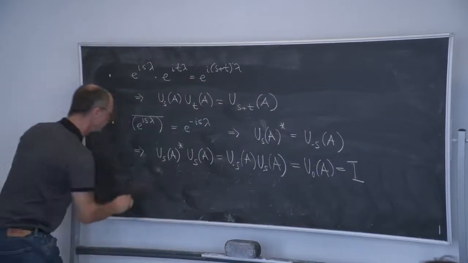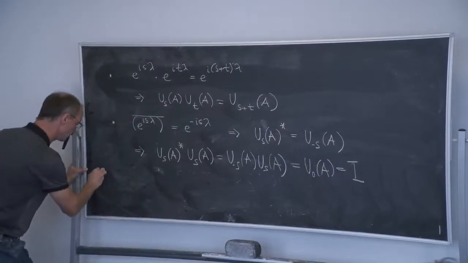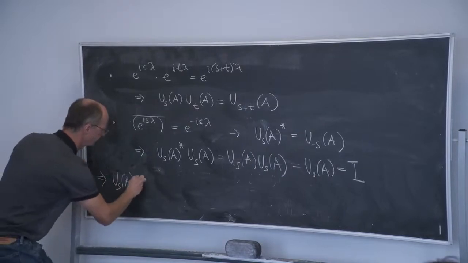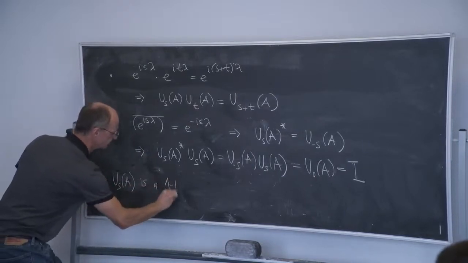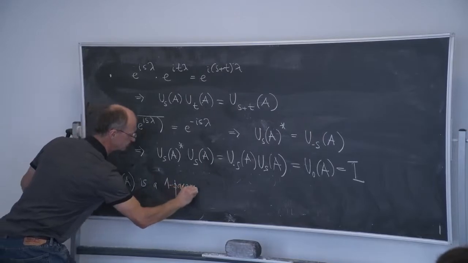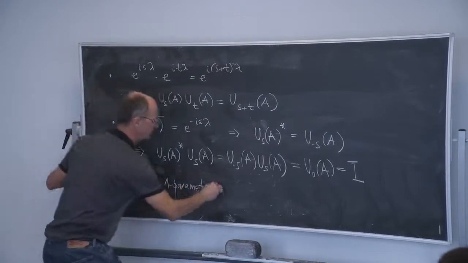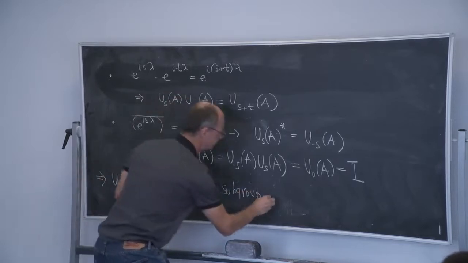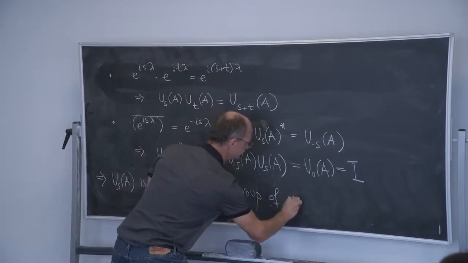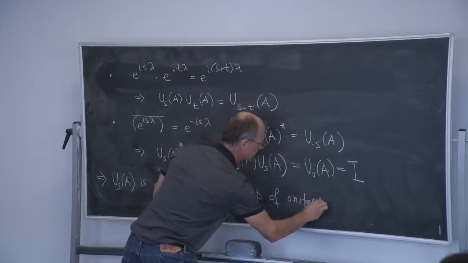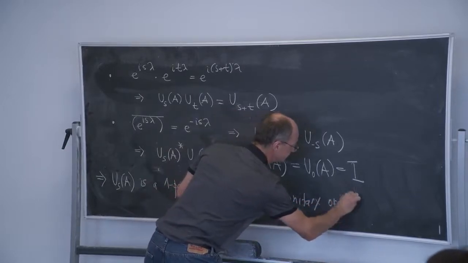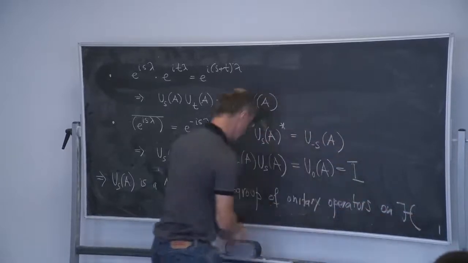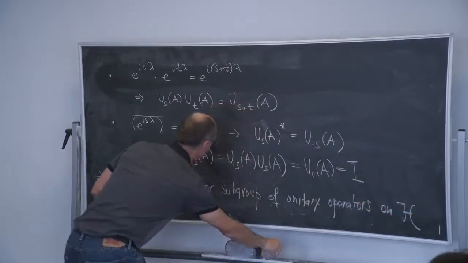So all in all, if we summarize, U_s of A is a one-parameter subgroup of unitary operators on H, right?